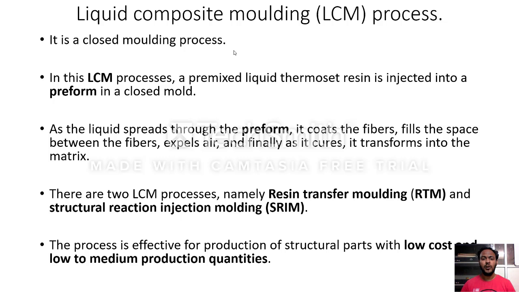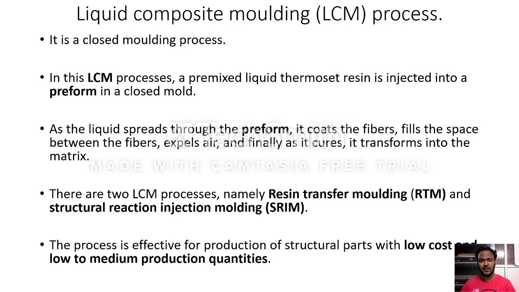The first step is you make a preform, then you keep the preform in the mold, and then you use a pre-mixed liquid thermoset resin and inject it inside the preform, so that the liquid spreads through the preform, coats the fibers, fills the space between the fibers, expels the air, and finally cures and transforms into a matrix.